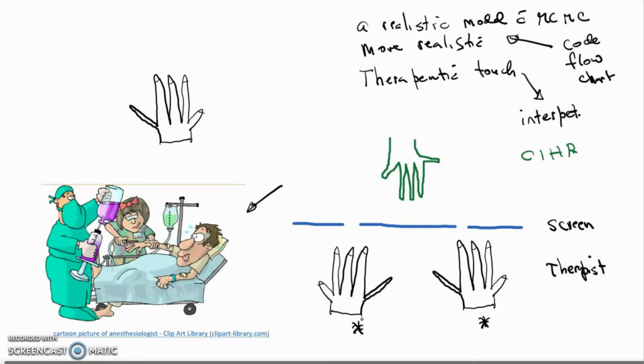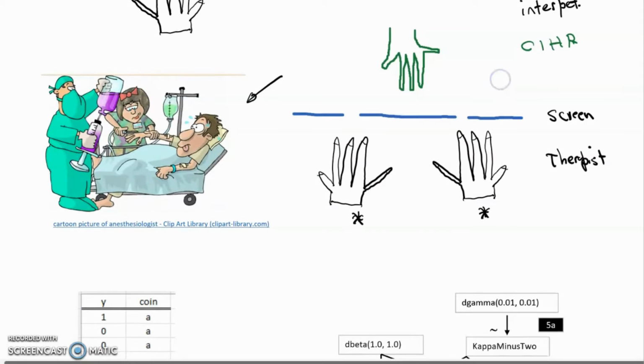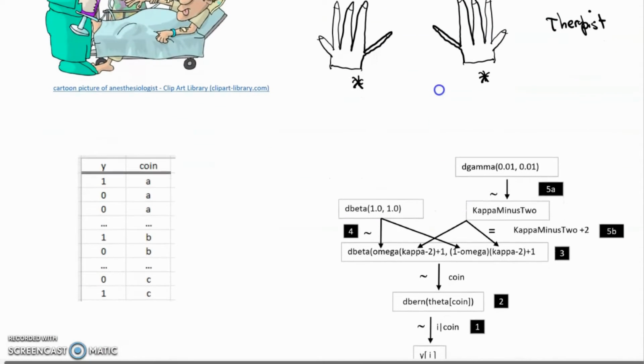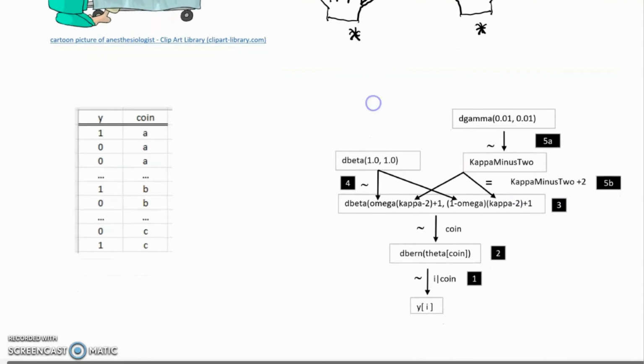We replicate this 10 times for each therapist, and we record the output as either success or failure, depending on whether or not the therapist was able to correctly identify which one of their hands the scientist's hand was hovering over. So in terms of the data and flow chart, it's very similar to what we saw in the previous video with a few changes.